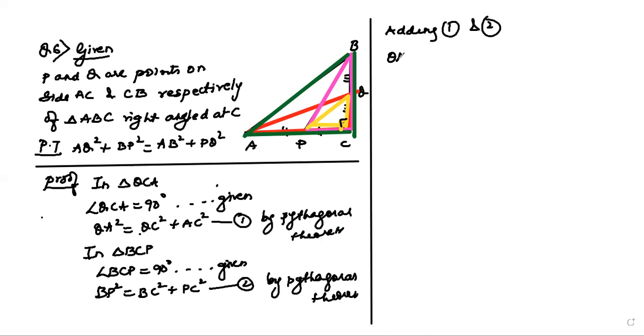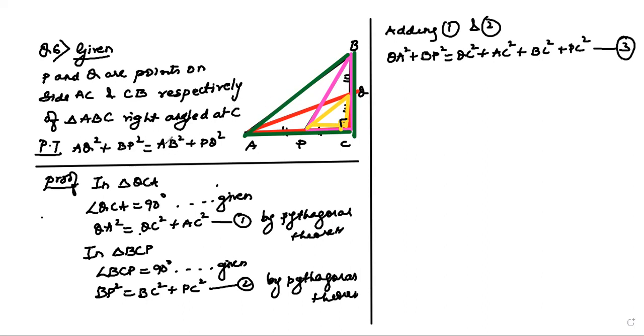So QA square plus BP square is equal to, the right hand side will get added up now, QC square plus AC square plus BC square plus PC square. I call this statement number 3. You got this by adding 1 and 2.